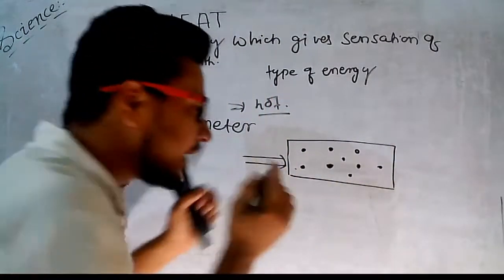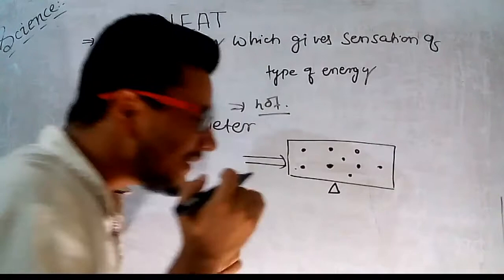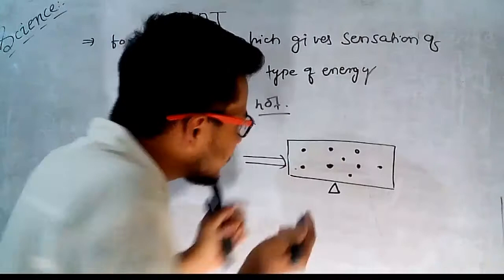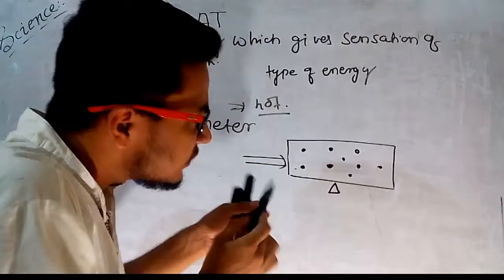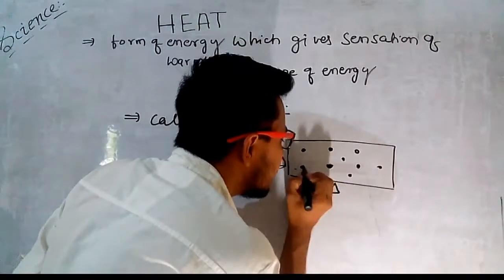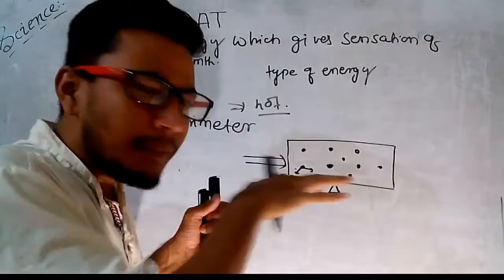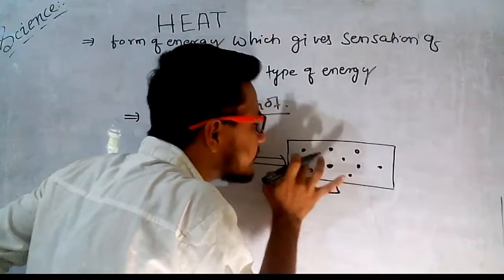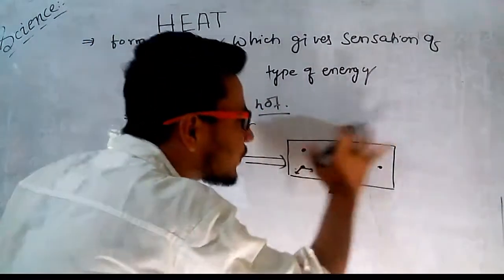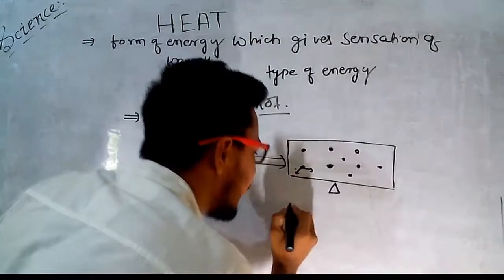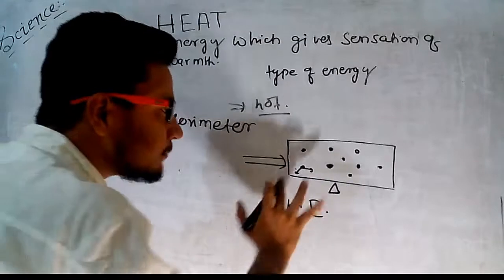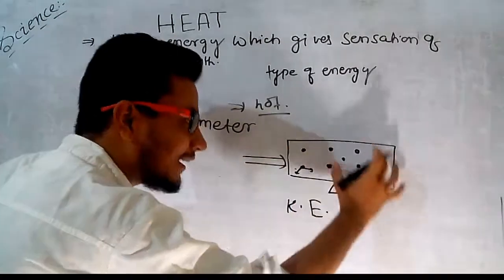When we supply heat, initially these molecules are at rest. When we supply some amount of heat energy, these molecules start to vibrate. Simply said, these molecules start to move. Due to this movement there is a type of energy called kinetic energy. So this body contains kinetic energy.